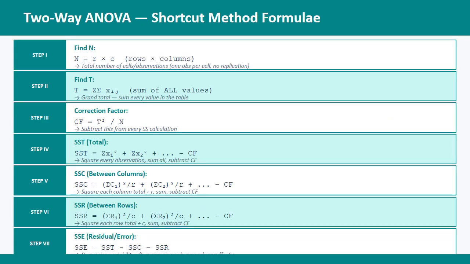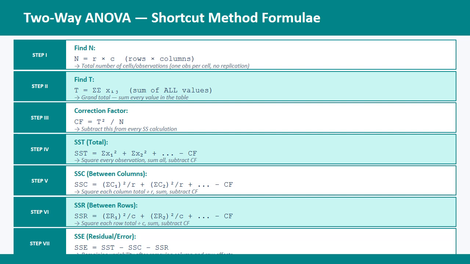Let us go through the steps. Step 1 is finding n, which is nothing but rows into columns. Step 2 is computing the total, which is denoted as T. Step 3 is finding the correction factor, which is equal to T squared divided by n. So this is similar to one-way ANOVA. Step 4 is finding the sum of squares of the total, that is SST.